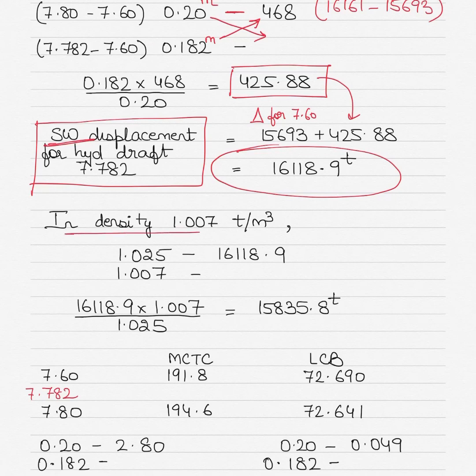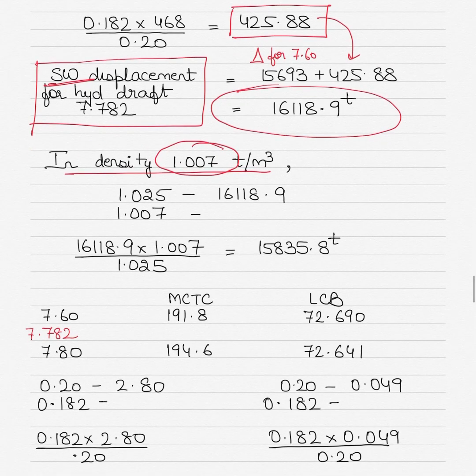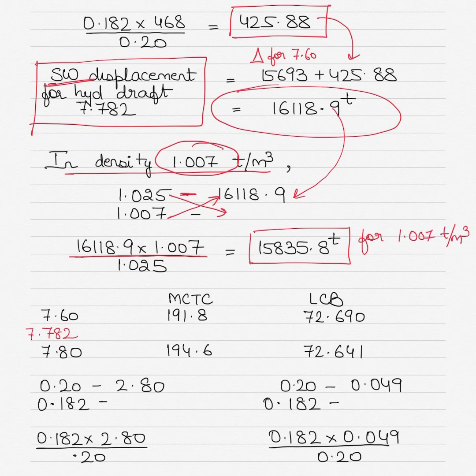You have to find the displacement in density 1.007, and that's why I said make a note of this figure, because the question is saying your vessel is in dock water of 1.007. So if 1.025 gives you a displacement of 16118.9, what will be the displacement for 1.007? Simple cross multiplication will give you a new displacement. This is the displacement for 1.007 density.